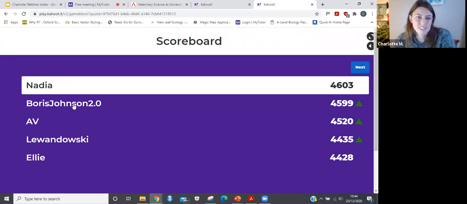Okay. Nadia's still at the top there. Boris Johnson coming in again in second. AV and Lewandowski, sorry, terrible pronunciation. And Ellie there coming through.